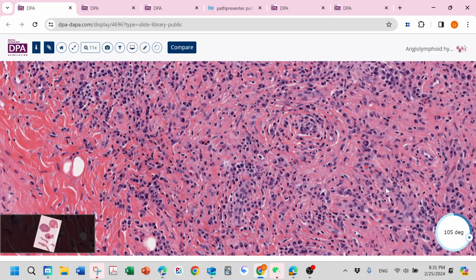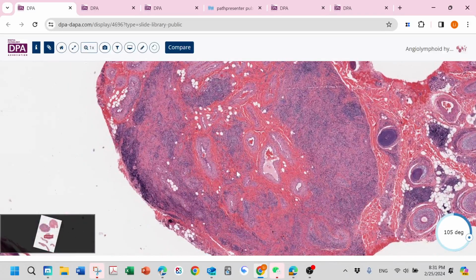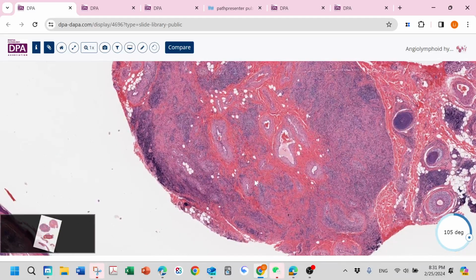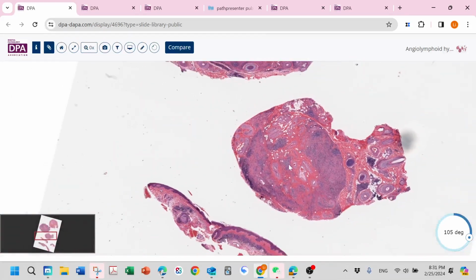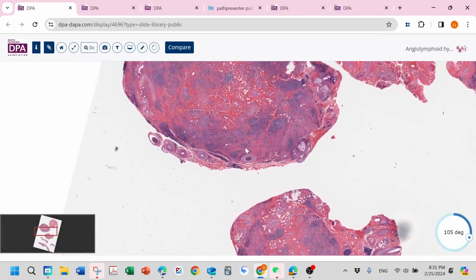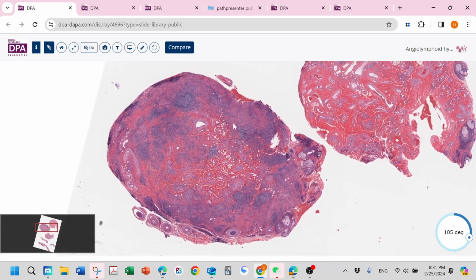They just could not make a mature blood vessel. That is ALHE, aka epithelioid hemangioma. So inflammatory cells, a big vessel, and then the small slit-like vessels around.